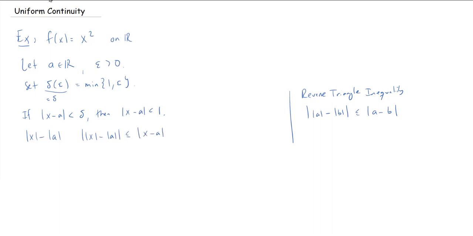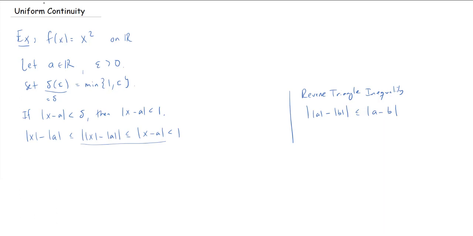But this is an absolute value, so that's always at least as big as what happens when you get rid of the absolute value. So this is your reverse triangle inequality, and then this is just because a number is always bounded by its absolute value. Of course, this we know is now less than 1, assuming we've chosen our x and a to be within delta of each other.